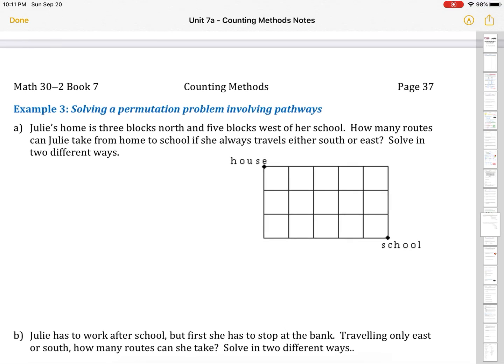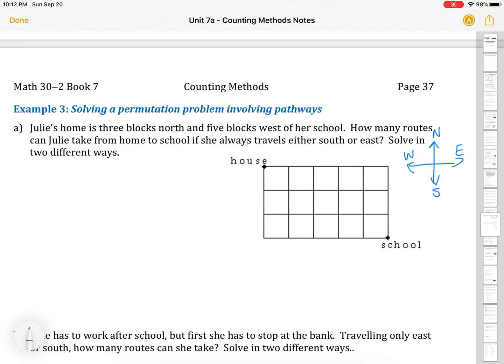We have another method here, solving a permutation involving pathways. So let's look at these. These come up. Julie's home is 3 blocks north and 5 blocks west of her school. How many routes can Julie take from home to school if she always travels either south or east? Solve in 2 different ways.